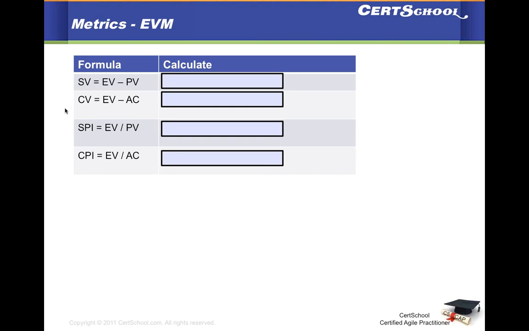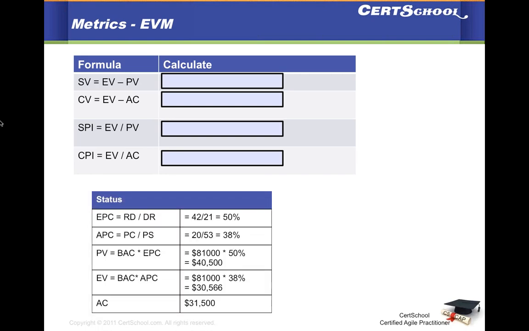The scenario here is you're given all these values already. Don't worry about how the planned value has come. Your planned value is given to be 40,500. Your earned value is given to be 30,566, and your actual cost is given to be 31,500.